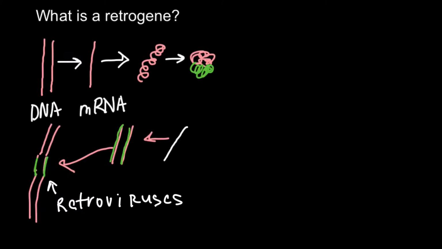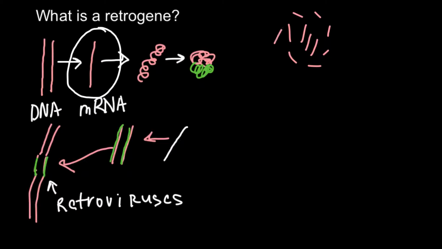And now you're ready to understand what retrogenes are. Imagine that any given cell expresses thousands of genes simultaneously, and a virus infects such a cell. Along with the genome of this cell, some of the genes would be expressed, and we can also see the genome of the virus.